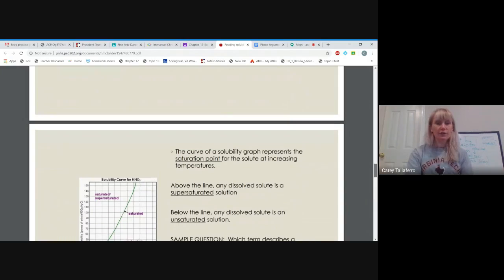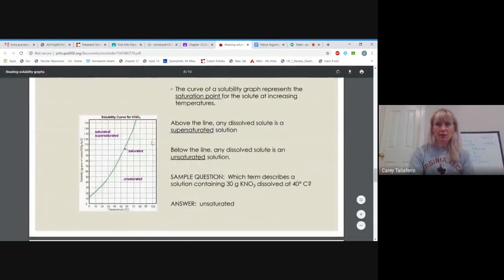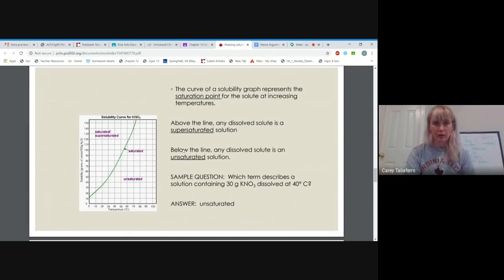Okay, now here is a simple solubility graph. There's just one thing on here, and that's the solubility curve for potassium nitrate. So here is this curve, and you'll see that we've got degrees Celsius on our x-axis and solubility on our y-axis, and it's grams of solute per 100 grams of water. So we're assuming there's 100 grams of water, and how much solute can be dissolved in those 100 grams of water.